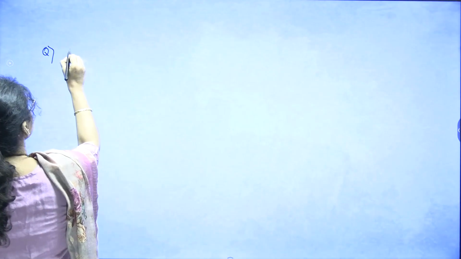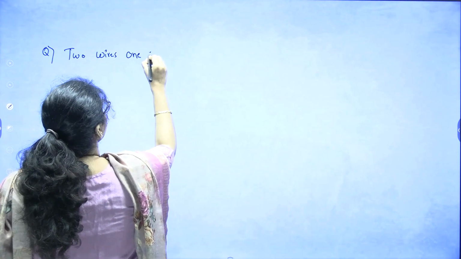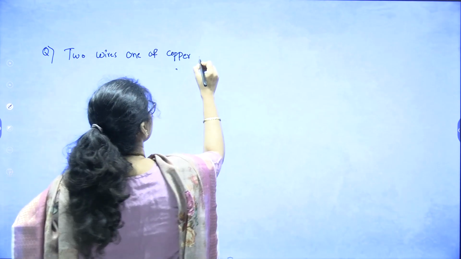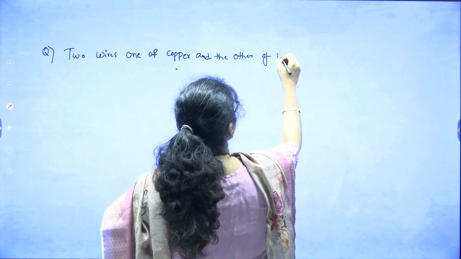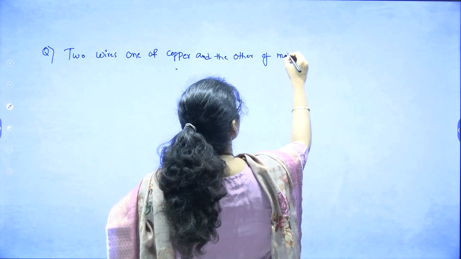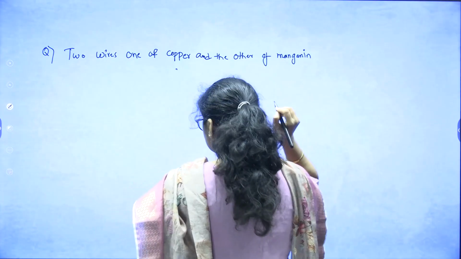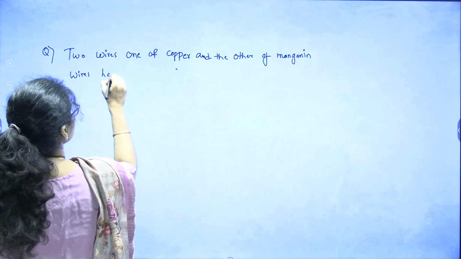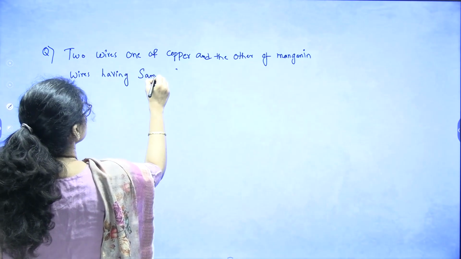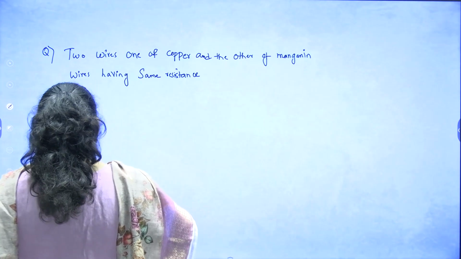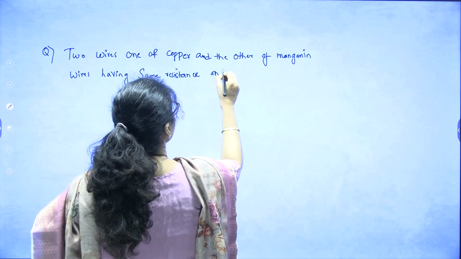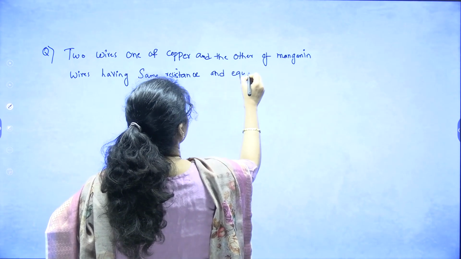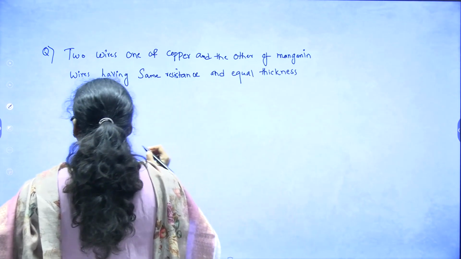Write the question. 2 wires, one of copper and the other of manganin, having the same resistance and equal thickness. Which wire is longer?